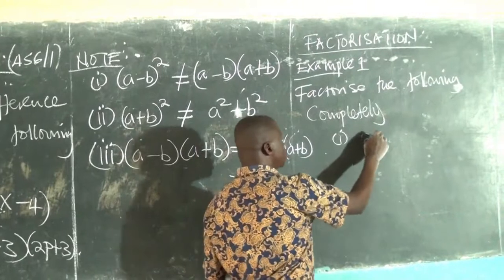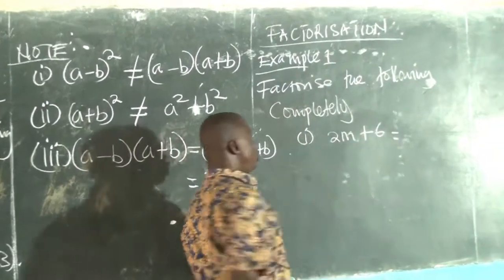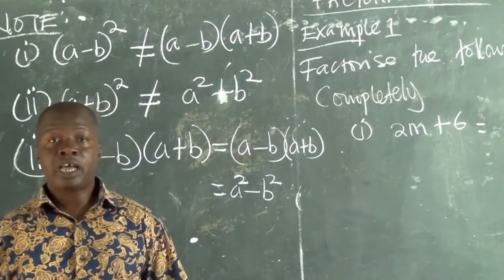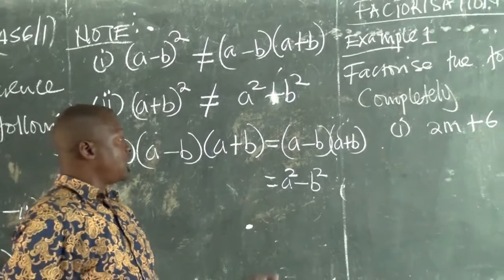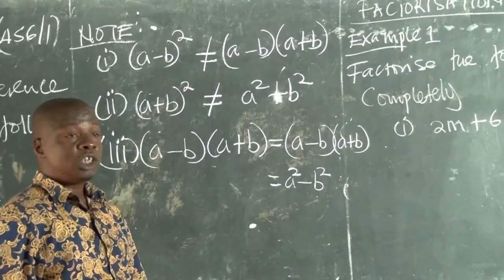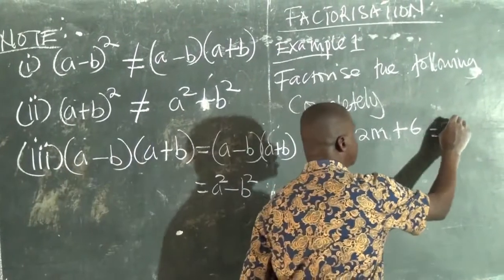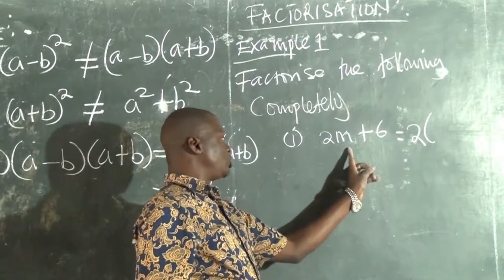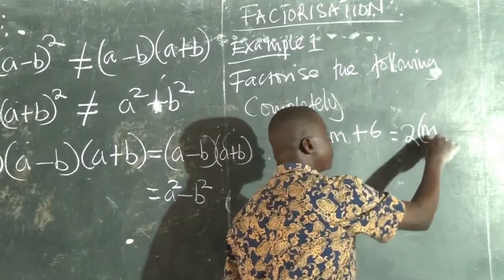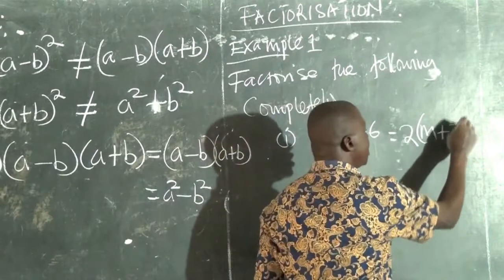We have 2m plus 6. When you observe, there is something common, and that is 2. The common factor of 2 and 6 is 2. So we shall pull it out, or we factorize it out. In other words, dividing 2m by 2 gives m. Dividing 6 by 2 gives 3.